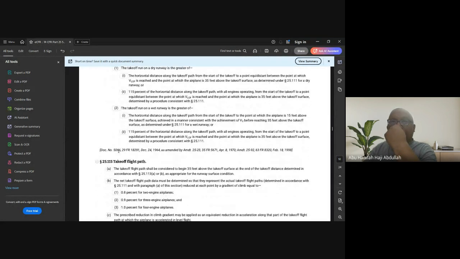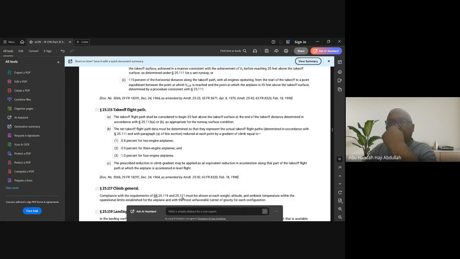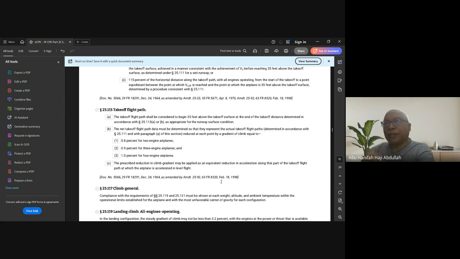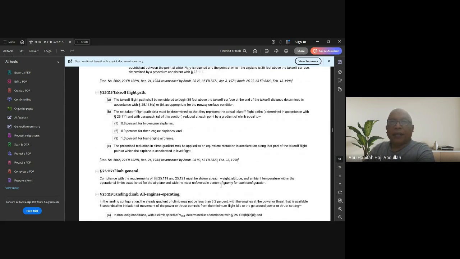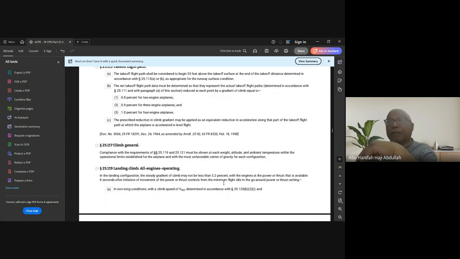And then takeoff flight path again, and then we have climb, general climb. Compliance must be shown at each weight and altitude, ambient temperature, humidity again. Landing climb, landing with all engines in operation. Landing, you descend basically.